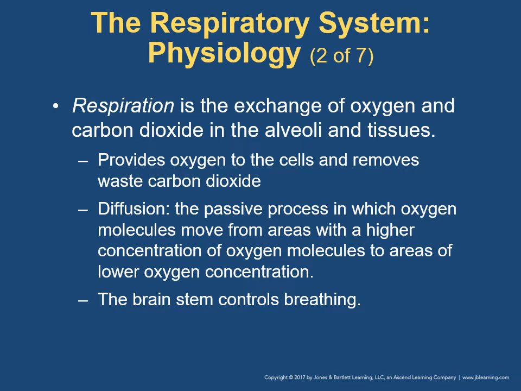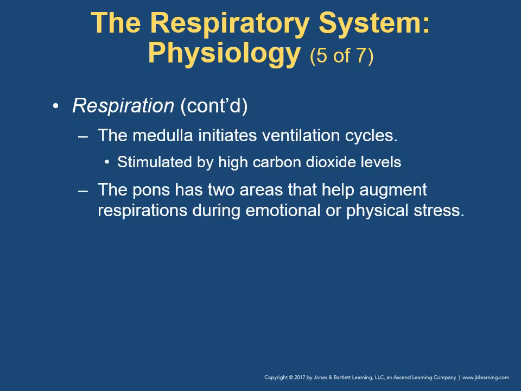to that area. The brainstem automatically controls breathing if the level of carbon dioxide, which is the waste, or the oxygen in arterial blood is too high or too low. So the medulla oblongata senses pH changes in the cerebrospinal fluid, and then it signals the diaphragm.